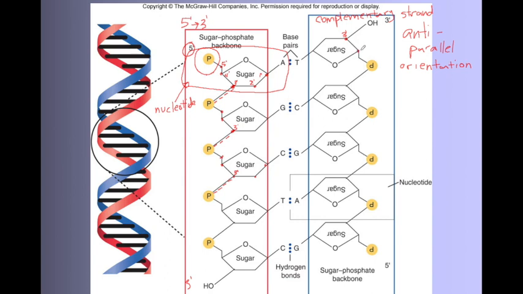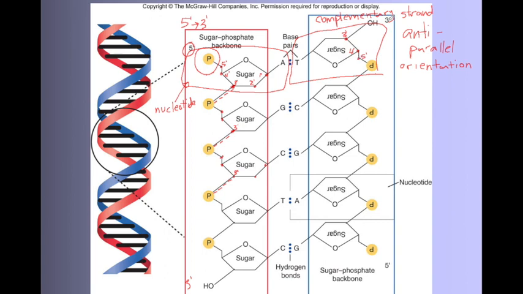3, 4, 5, right? Let's write our numbers in here. Again, here is one nucleotide, but it's anti-parallel, so it's flipped in mirror image and upside down, right? 3, 4, 5.